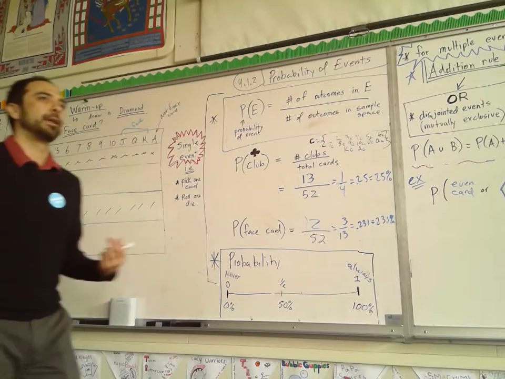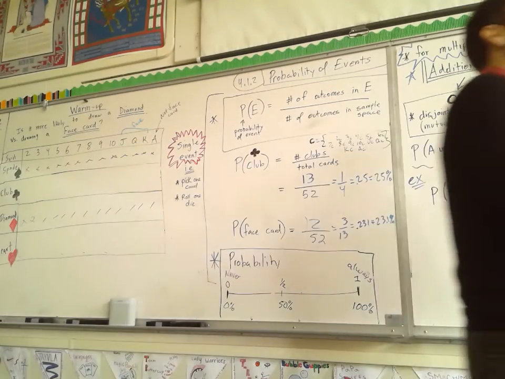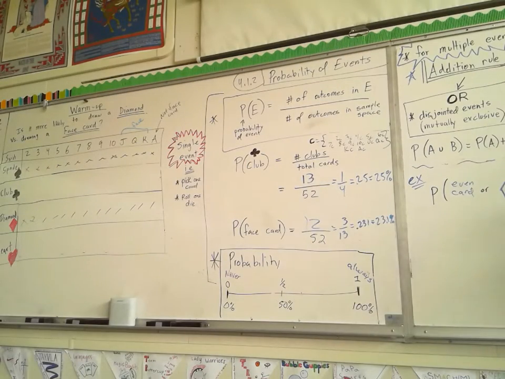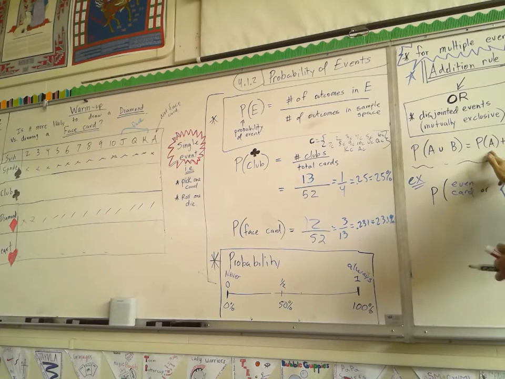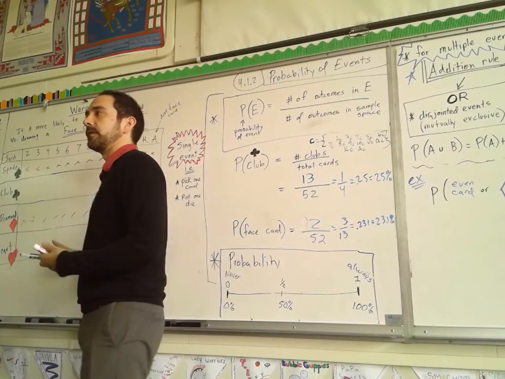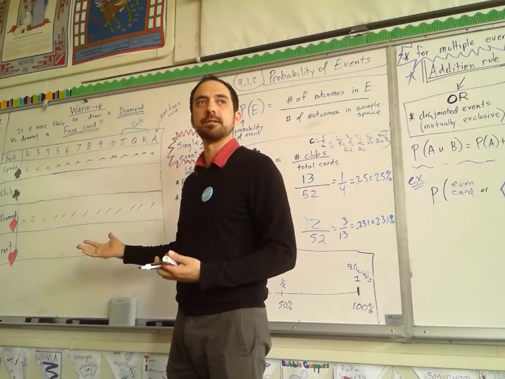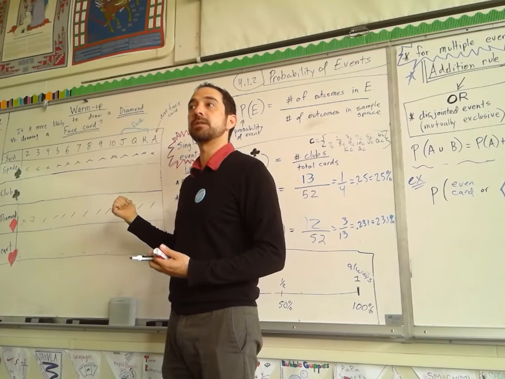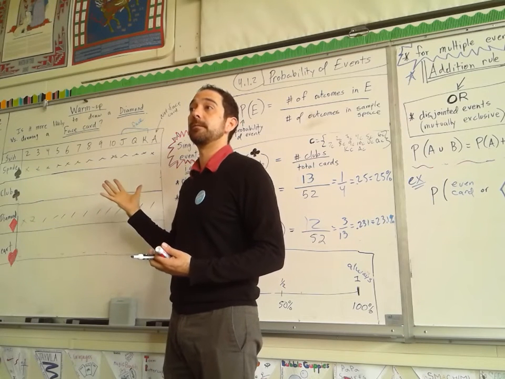There's nothing that overlaps. If I was asking the probability of drawing a spade or a diamond, it would just be 26 out of 52, which is a 50% chance. Does a 50% chance make sense to you? Because I have half of the options, right? Half of the options.